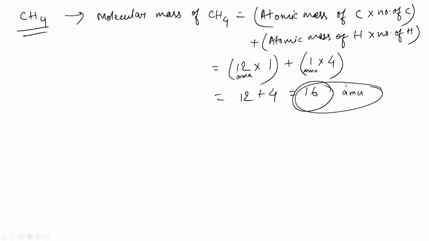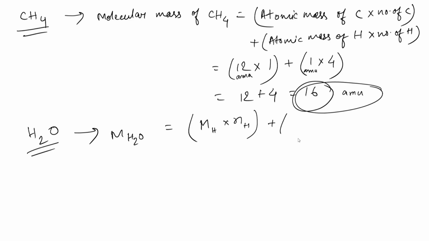Now, if we talk about water, the molecular mass of water is equal to the atomic mass of hydrogen, that is 1, into the number of H, plus the mass of oxygen into the number of oxygen.